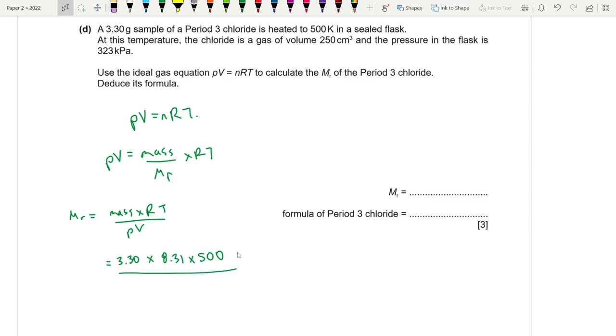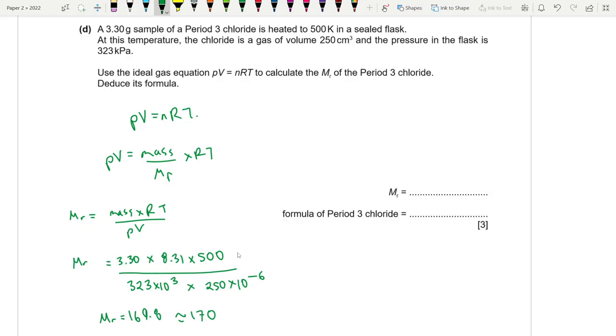It has to be in Kelvin, not degrees Celsius. The pressure has to be in pascals, so this times 10 to the power 3. And the volume has to be in meters cubed, so 250 times 10 to the power minus 6. So let's see what we get. 3.3 times 8.31 times 500 divided by 323 times 10 to the power 3 times 250 times 10 to the power minus 6. We got a value of 169.8, or basically 170, right?